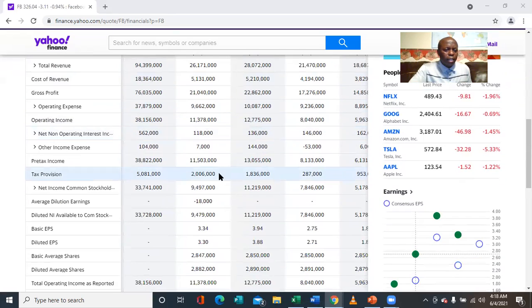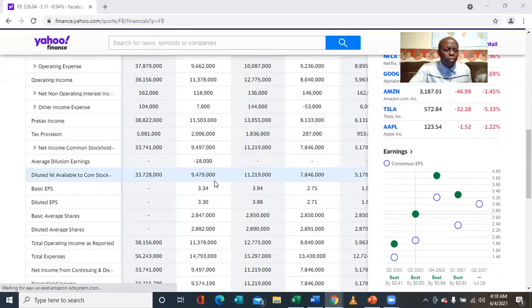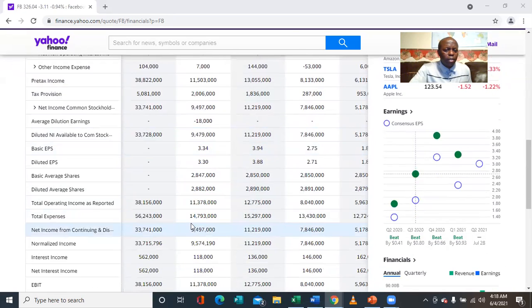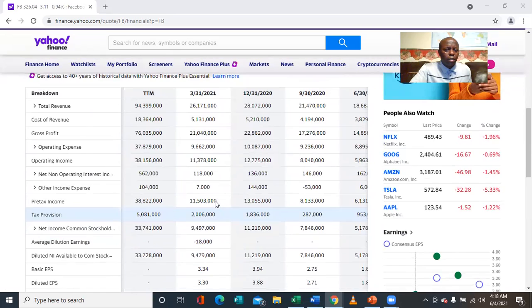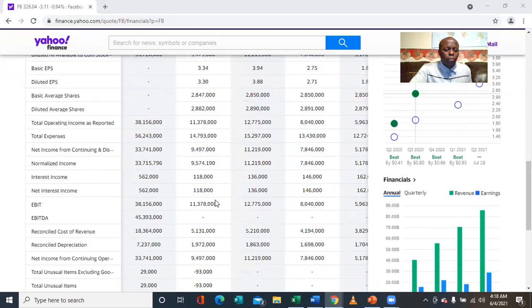So net income for Facebook, you can see right here for 2021 so far. See, net income from continuing operations, 9,479,000.